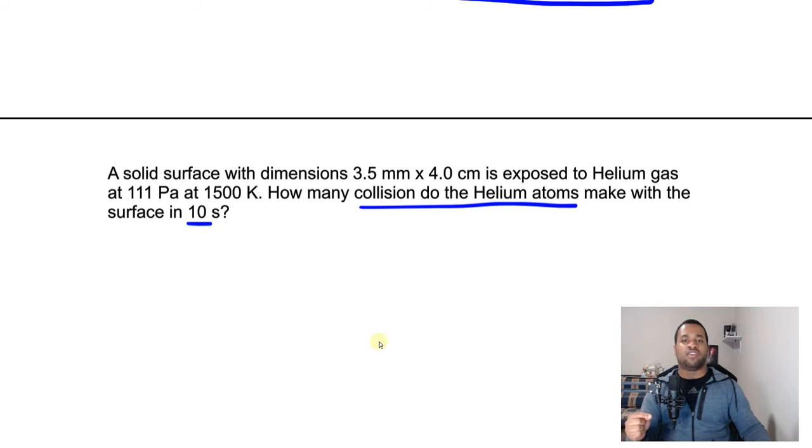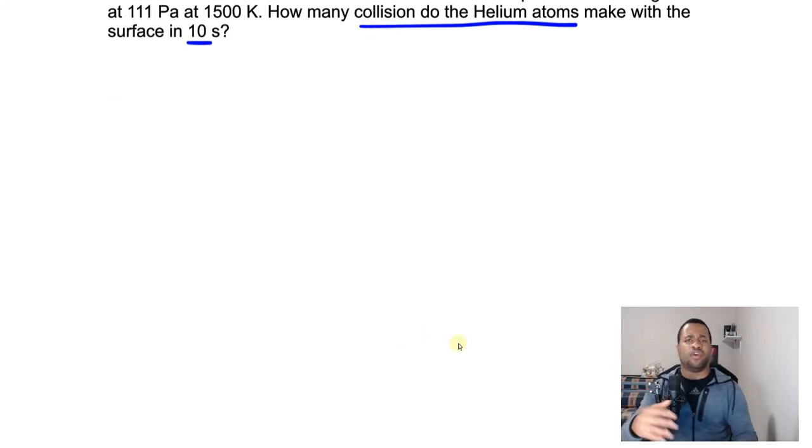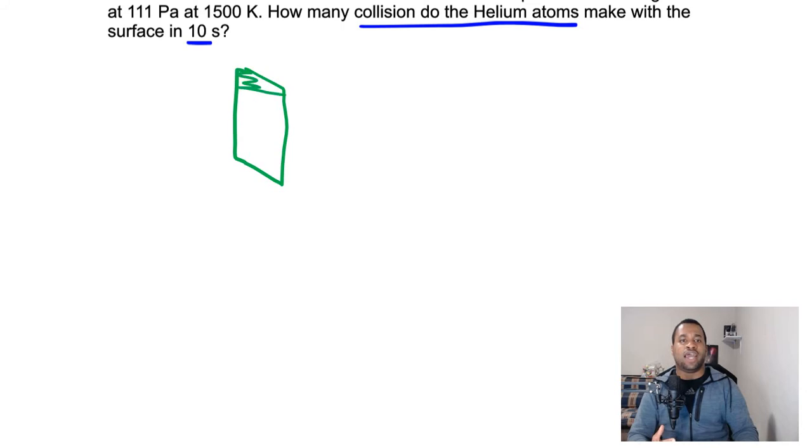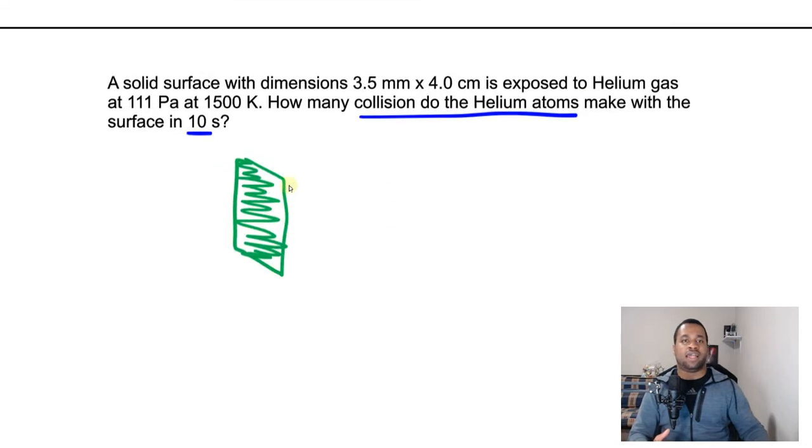Let's have a little diagram to visualize what is going on in this question. We are assuming that we have a solid surface, and the dimensions of this surface are a width of 3.5 millimeters by 4.0 centimeters.